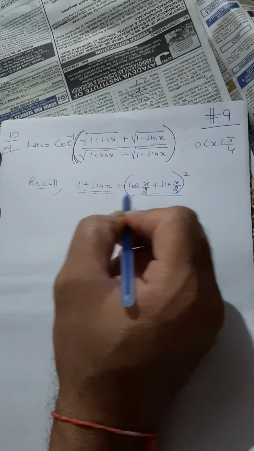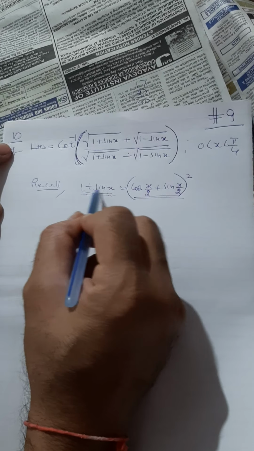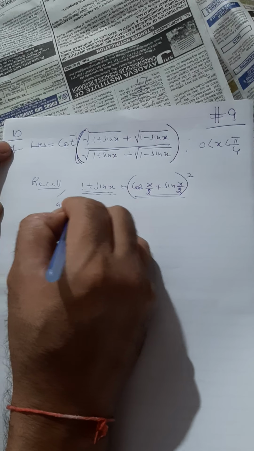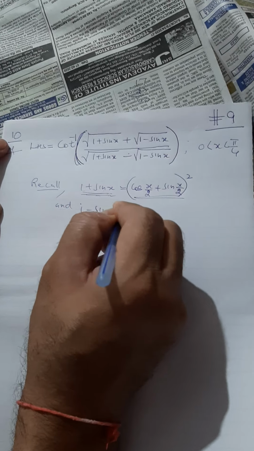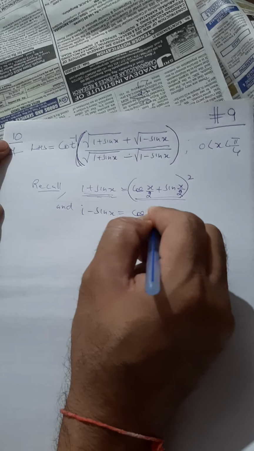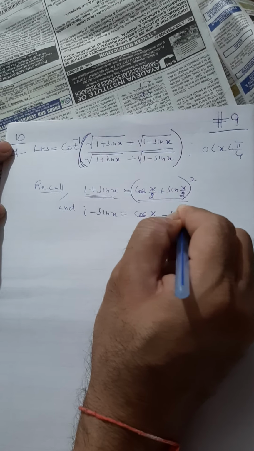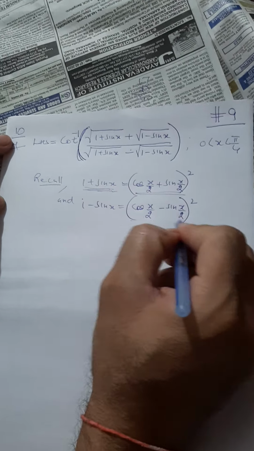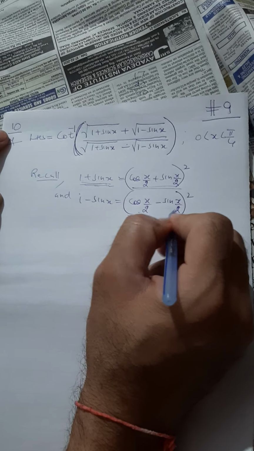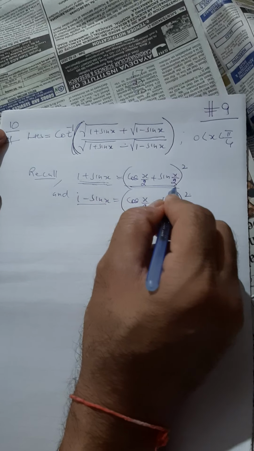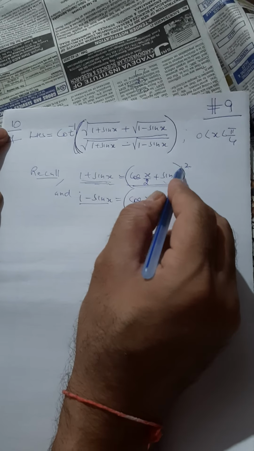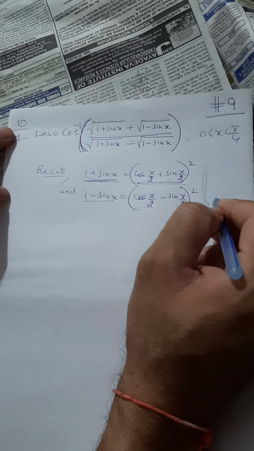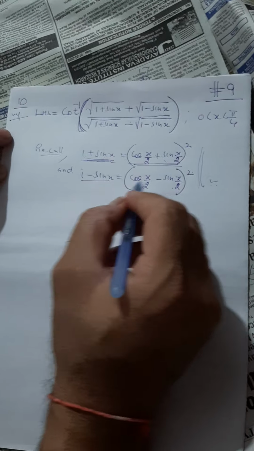So instead of 1 plus sin x we are going to put this, and instead of 1 minus sin x we are going to put cos x by 2 minus sin x by 2, the whole square. You just expand by the a minus b whole square formula, and the a plus b whole square formula, and you will get exactly this. You can just check this. This is from 11th standard.